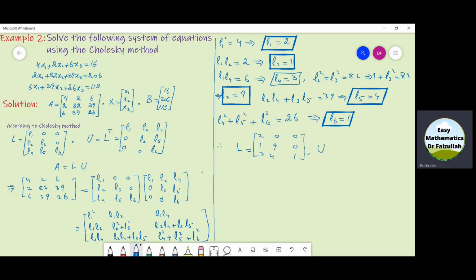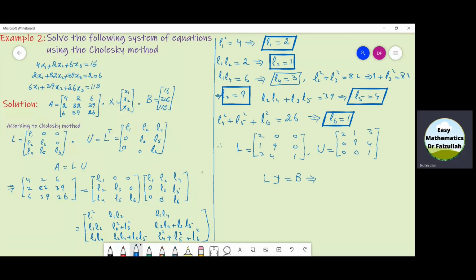And the upper triangular matrix, we know this is the transpose of L. So we can write 2, 0, 0; then 1, 9, 0; and now 3, 4, 1. So now we can go to the next step in which we solve the equation Ly is equal to B.